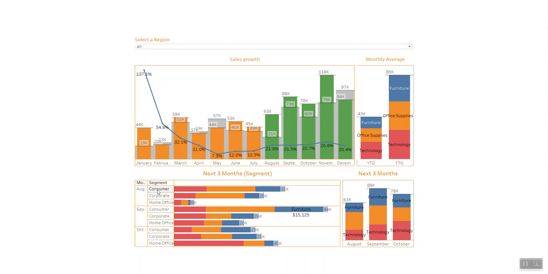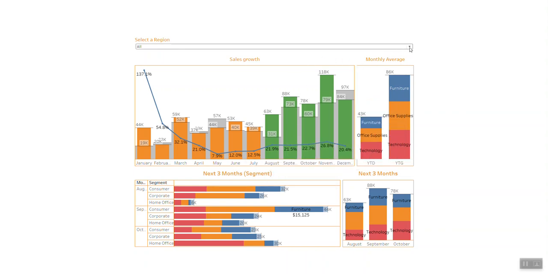In August and September the consumer purchase is very high, corporate is quite stable, and home office picks up toward October. So if you want to do marketing, I think it's for the home office, where we see low numbers, so we need to push it up. Okay, so this is the overall picture of the company.